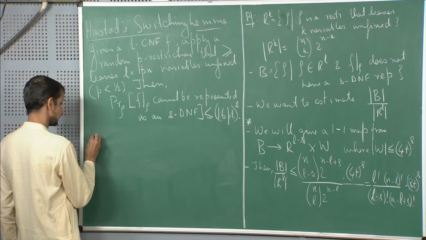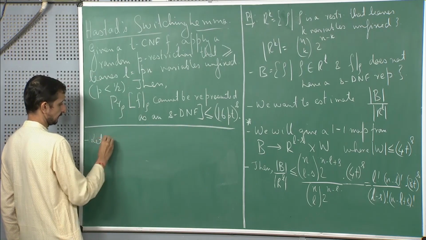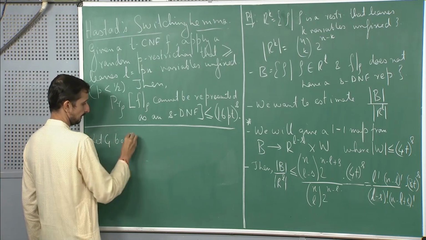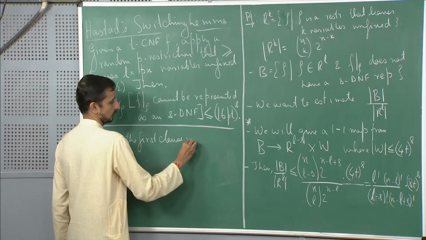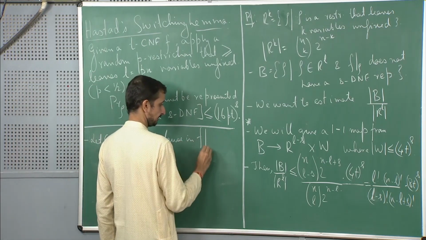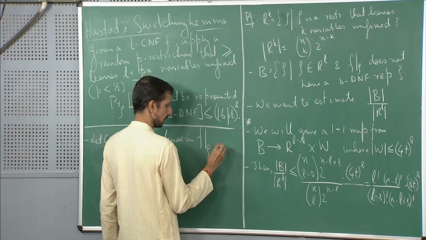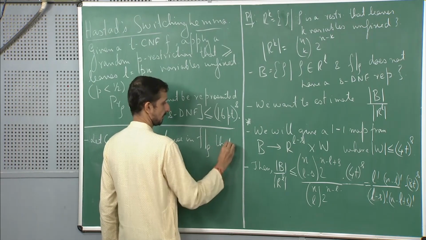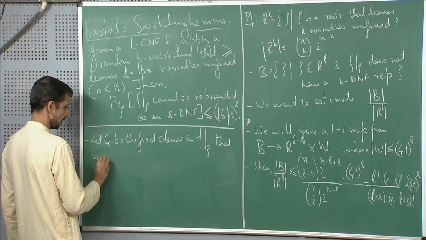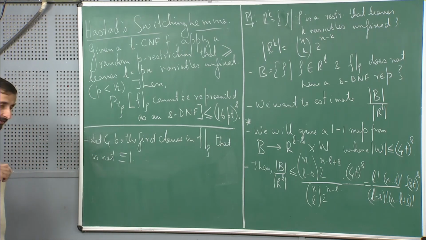Let C1 be the first clause in f restricted to rho that is not identically 1.